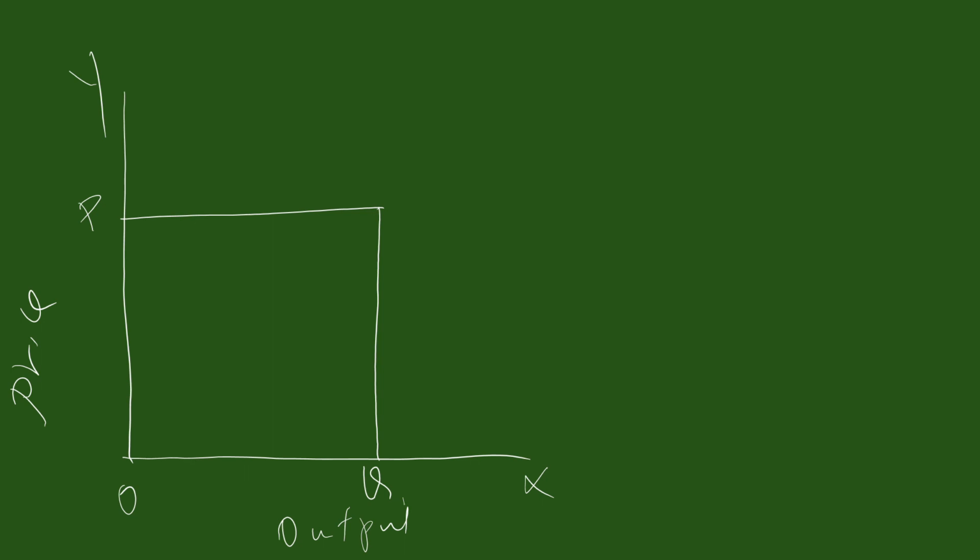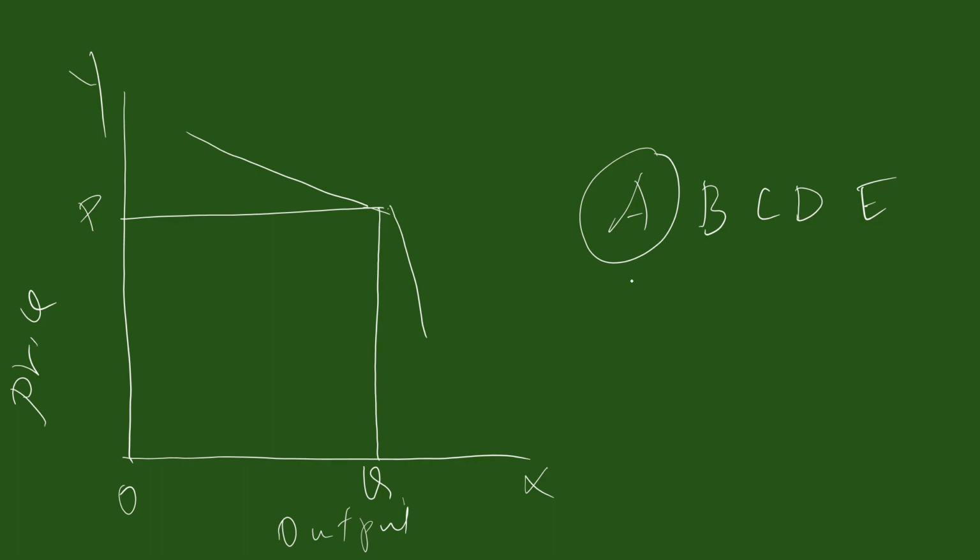Now the other condition, for the same case: what happens about the quantity? Suppose one of the firms, A among A, B, C, D, and E, which earlier increased the price, is now reducing the price. A alone is reducing its price to the maximum level from OP to OP1.